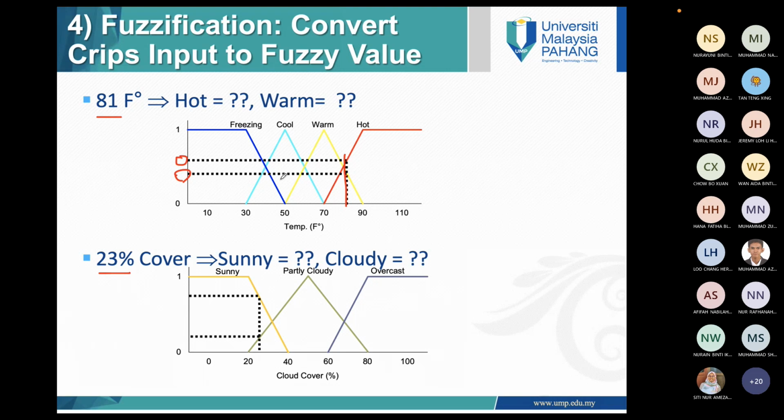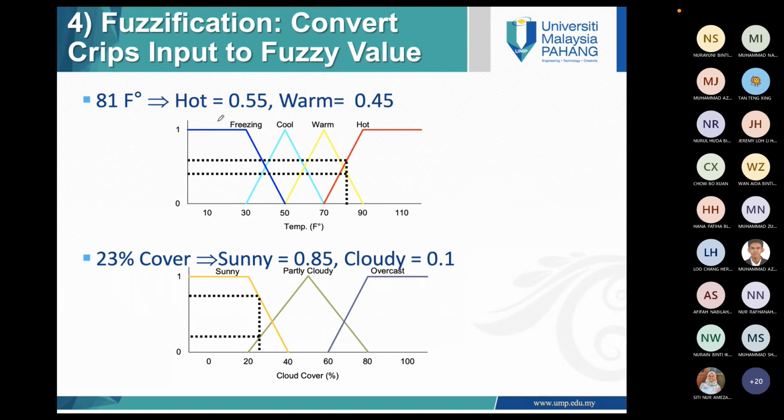And then for the cloud cover, let's say it has 23% cloud cover. It touches the sunny and the partly cloudy. So given the values, we have 0.55 for hot and 0.45 for warm, and sunny we have 0.85 and cloudy we have 0.1.